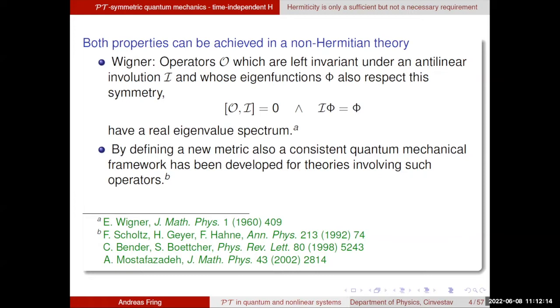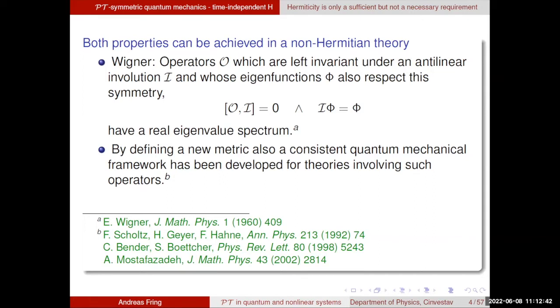If you take an operator O that is left invariant under an antilinear involution, and whose eigenfunctions are also eigenfunctions of the symmetry operator, then you have a real eigenvalue spectrum. Nothing is said in this statement about what O is. O could well be a non-Hermitian Hamiltonian. I'll explain this a little later; I just want to anticipate the result.